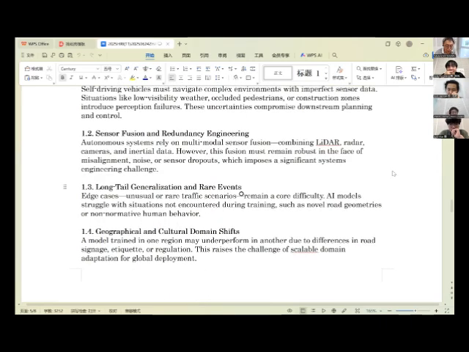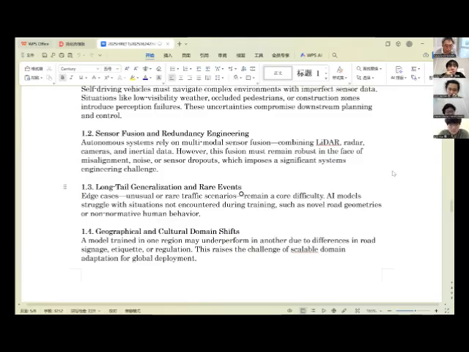The second, long-tail generalization and rare events. Unusual or rare traffic scenarios remain a core difficulty. AI models struggle with situations not encountered during training, such as novel road geometries or non-normative human behaviors.